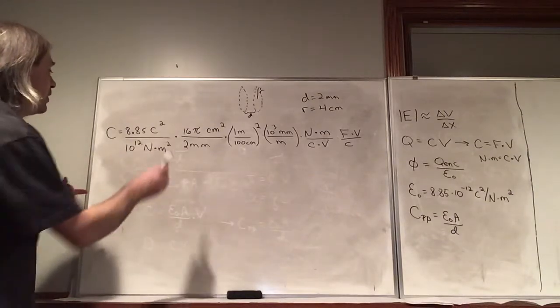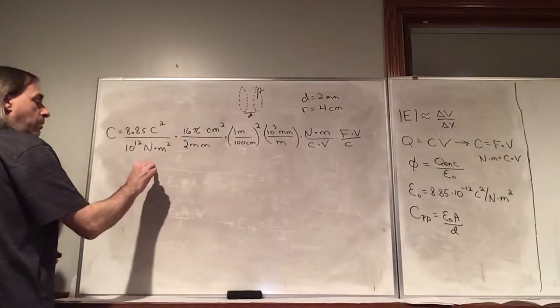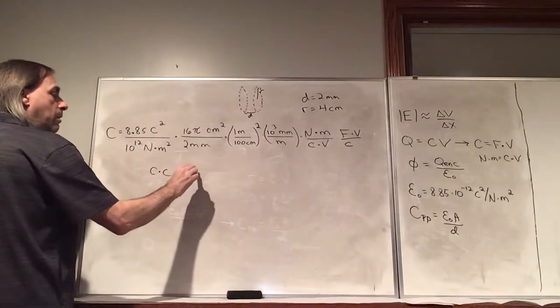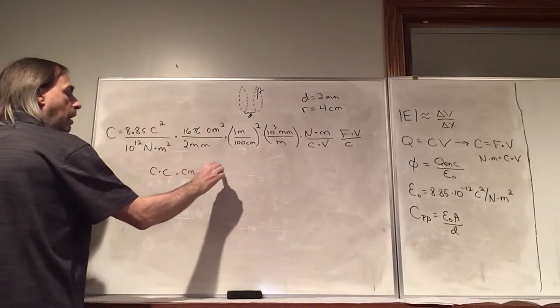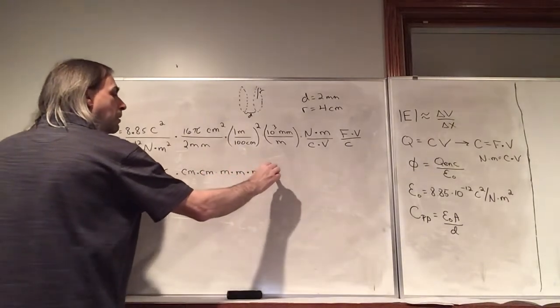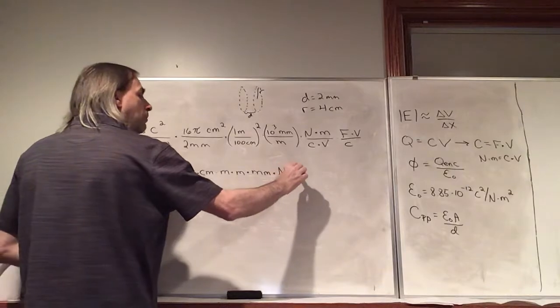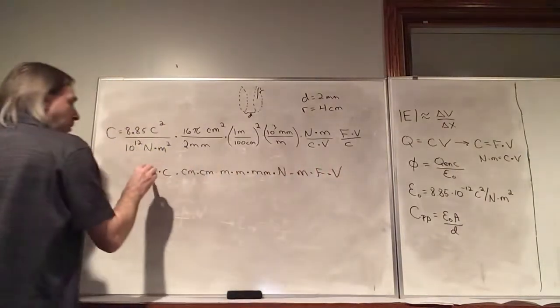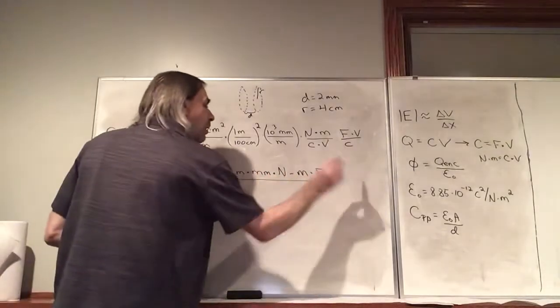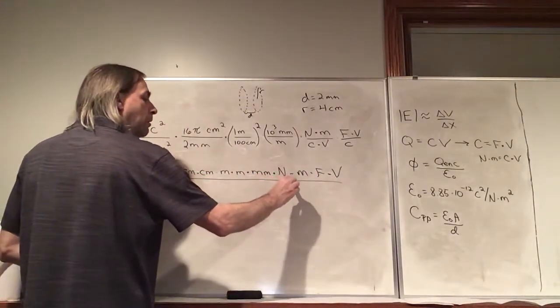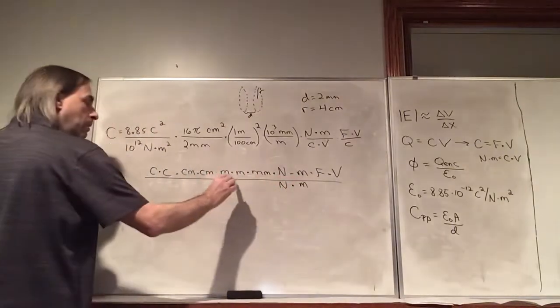Okay, so let's just go across the top. We have coulomb squared times centimeters squared times meters squared times millimeters, Newton, meters, farads, and volts. And then let's go across the bottom. We have a Newton times a meter squared. So there's a Newton times a meter.